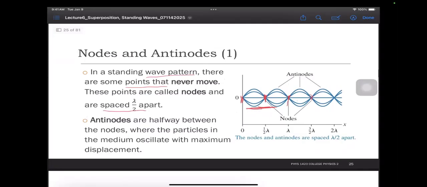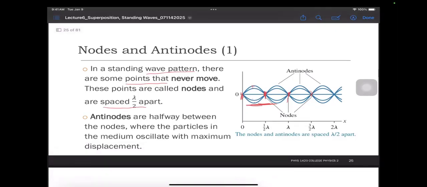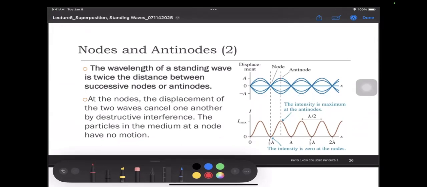Those points never move and are spaced half lambda apart. And there are also antinodes, halfway between the nodes, where the particles in the medium oscillate with maximum displacement. You can see here is an antinode.